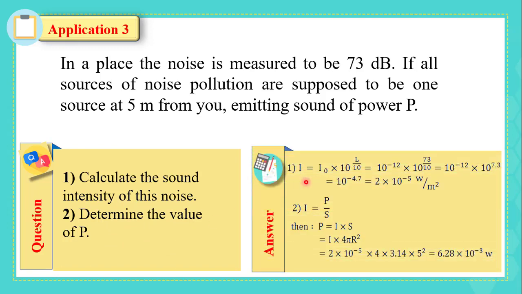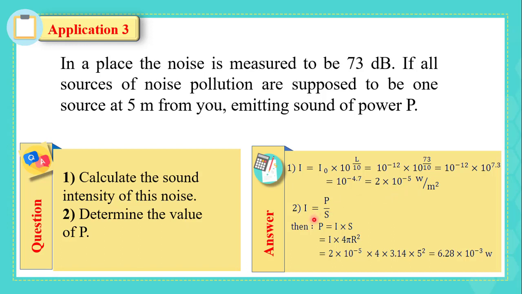So for number 1, the sound intensity I is equal to I0 times 10 power L over 10. This formula is derived from the formula L equals 10 log I over I0. So replacing each variable by its value, we get that I equals 2 times 10 exponent minus 5 watt per meter squared.